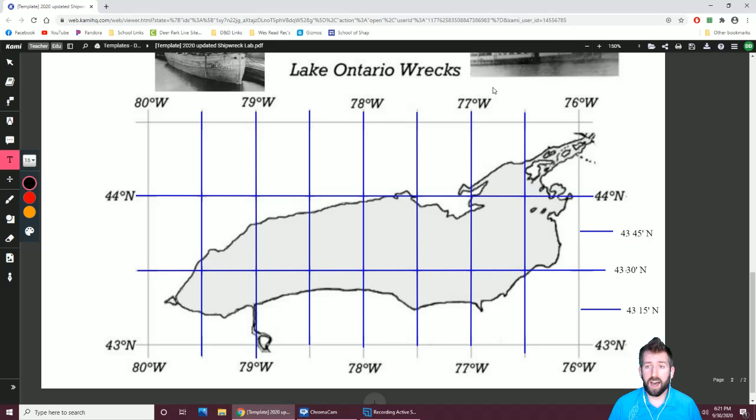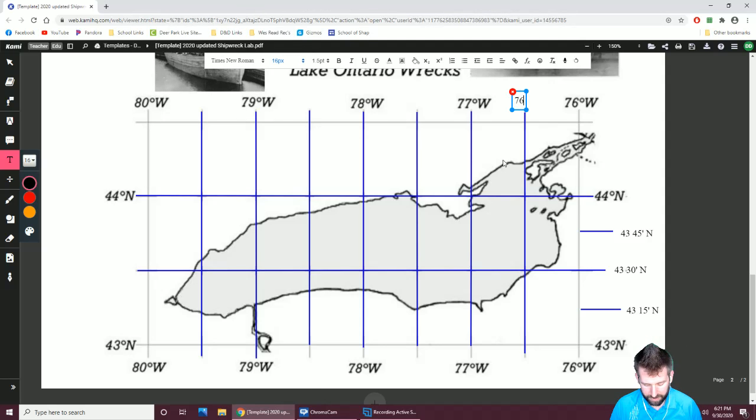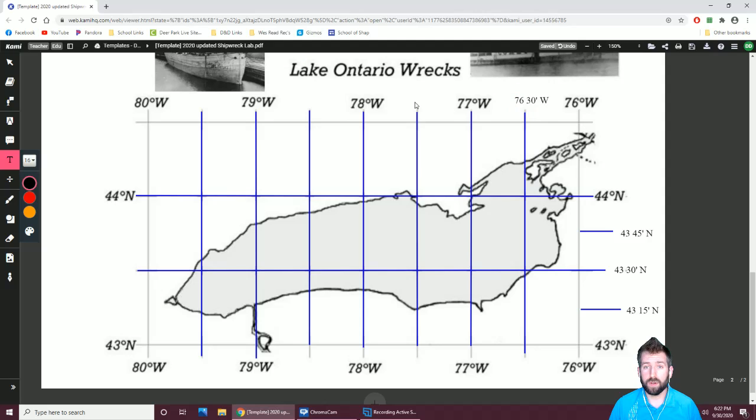Also, at the top, we need to do this as well. So we have 76 and 77, the halfway of which is going to be 76 degrees and 30 minutes. And that's going to be west. They're all going to be west up here. So let's go ahead and label a couple more of these. So this is 77 and 78.